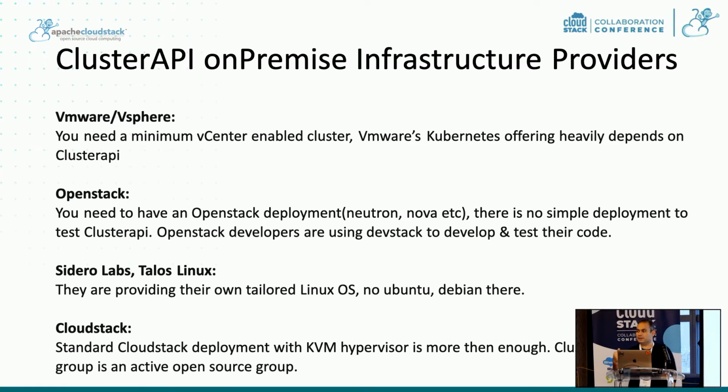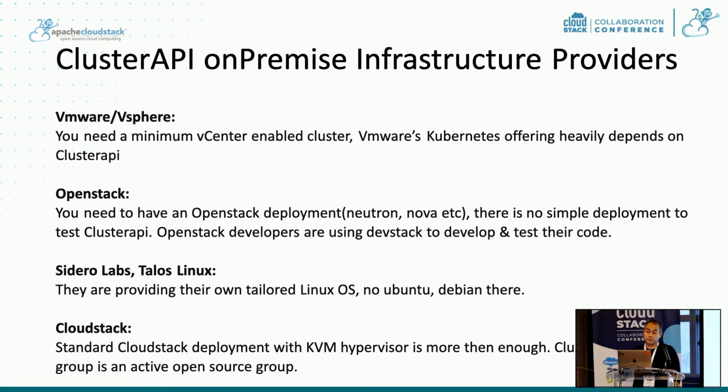But when we decided, hey, we need an on-premise solution where we could build up some Kubernetes clusters, we checked that Cluster API has maybe 20 or 30 cloud, on-premise and other edge solution providers. Which one do we need to use? First, for example, we checked VMware.